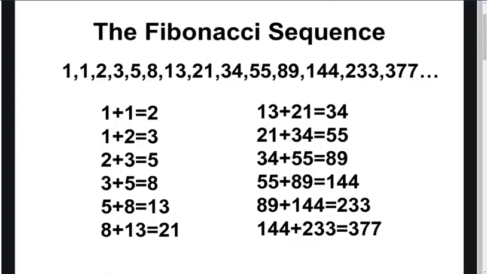So we're going to go back to our Fibonacci sequence, and we said the rule would be n is equal to n minus 1 plus n minus 2. If we were trying to figure out the fourth term of the Fibonacci sequence, for example, we would have to look at the previous term and the one before that and add both of them up, and that's how we would get the fourth term.